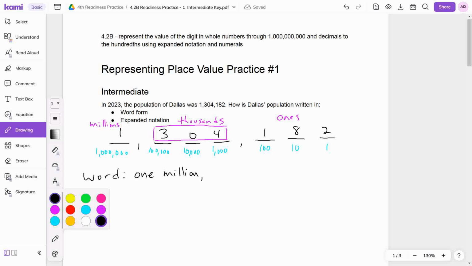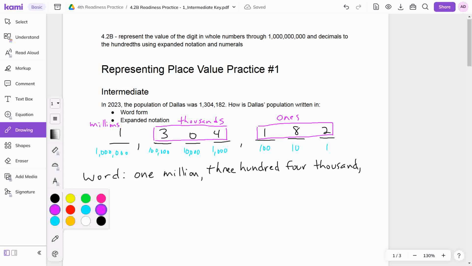So if we were to say 304, we wouldn't say 304. That's the number 304. So we are going to say 300. We're not going to say and 4 because the and means decimal. So 304, and then we're going to say the family name, 1,000. And then we're going to comma, and then we're going to say this last part, 182.